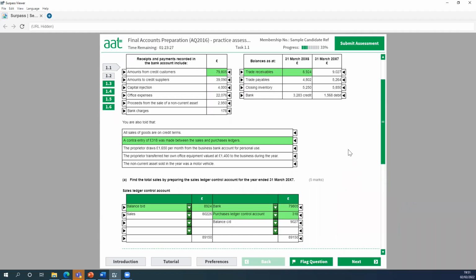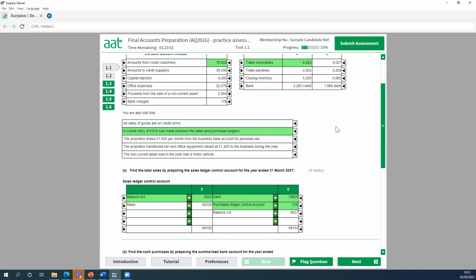Now this is tricky, because for this one, it tells you that at the 31st of March 20x7, it will be on the debit side. But for our purposes, we're going to put it as a balance carried down, as we did in the previous question. We put the balance carried down on the credit side, because it then becomes the debit side when we bring it down, doesn't it?